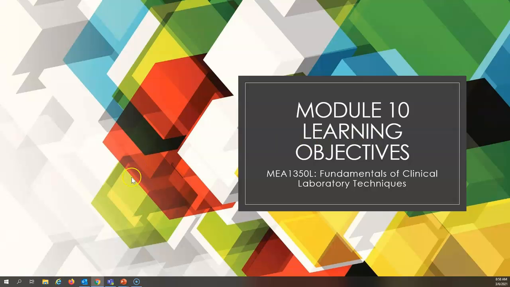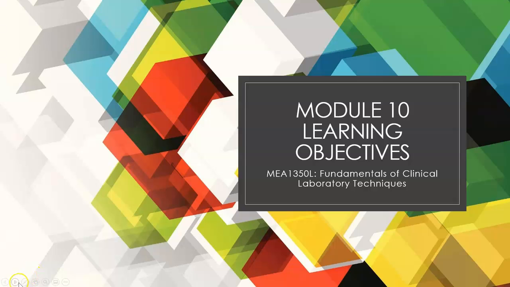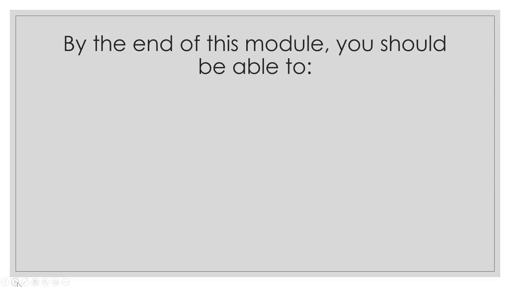By the end of this week, you should be able to explain medical terminology concepts. That means be able to know what is a prefix, what is a suffix, and where's the root word.